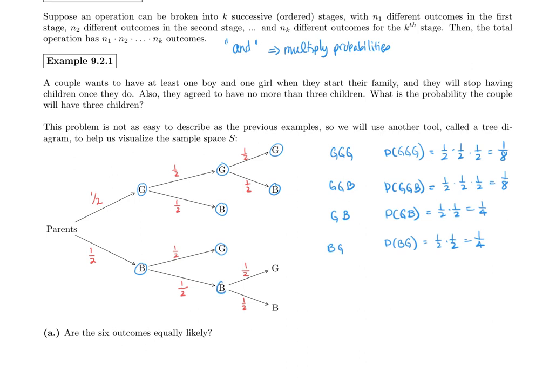Then we could do boy, boy, girl. And the probability of having a boy, boy, and a girl would be 1/2, 1/2, and 1/2, or 1/8. And then our last opportunity here, a boy, and a boy, just like my sister. And that probability is going to be 1/2 times 1/2 times 1/2, or 1/8.